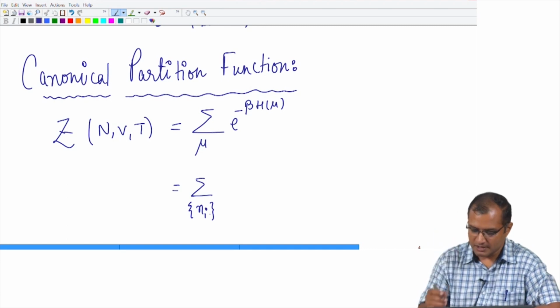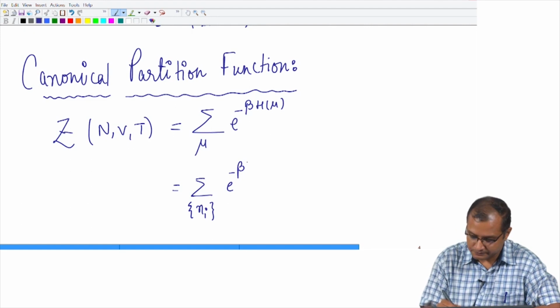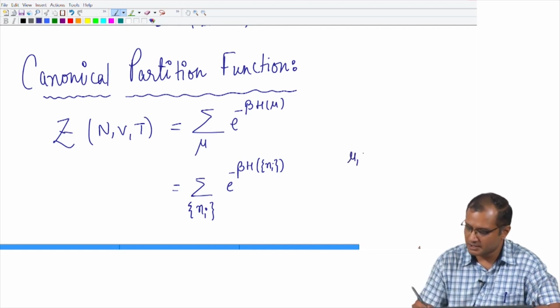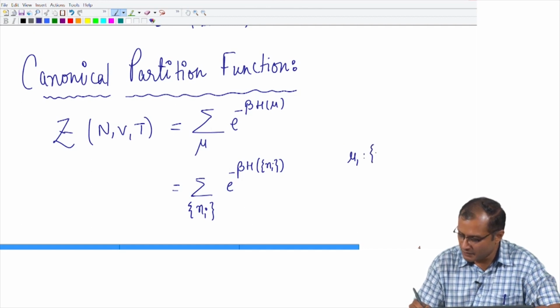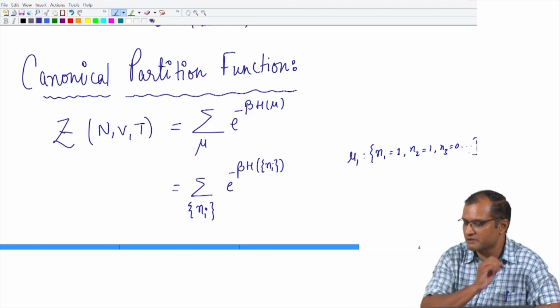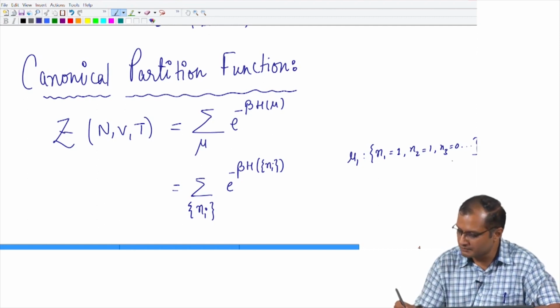So, it simply means that a given microstate is like, suppose I say that this is one microstate, this basically means that you can have n1, that is the excitation of the first particle, as 1, n2 as 1, n3 as 0, and so on, some specified values of these ni's all the way to the last value, which is nN.